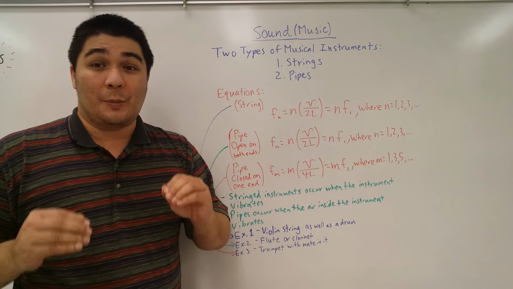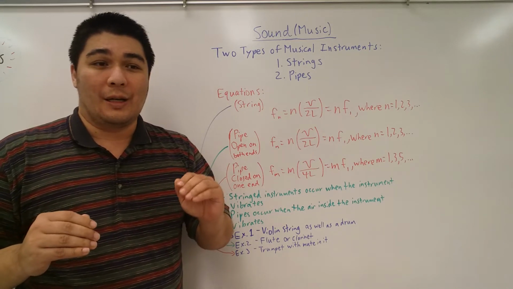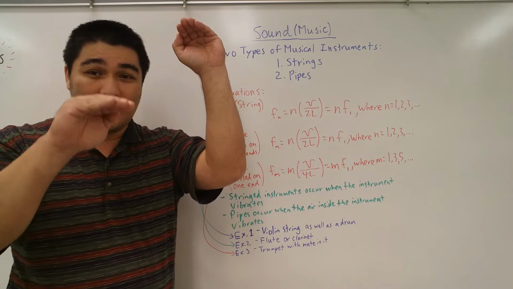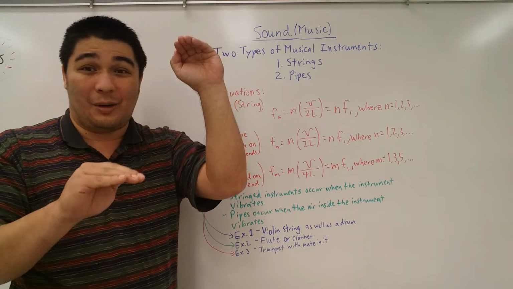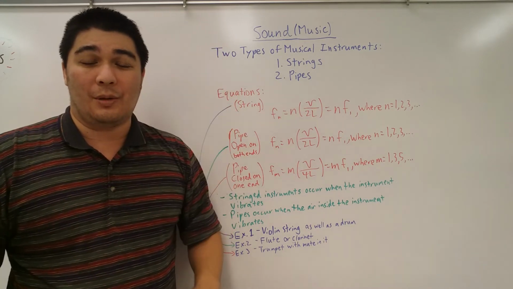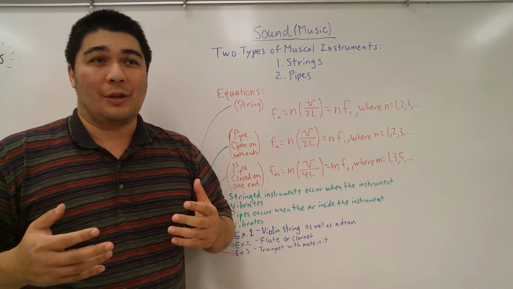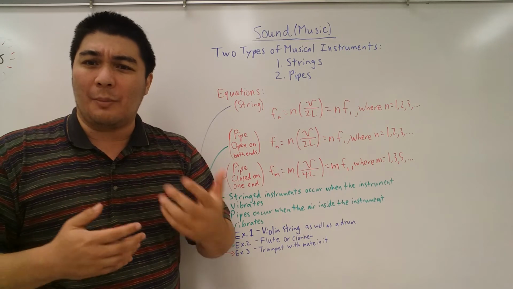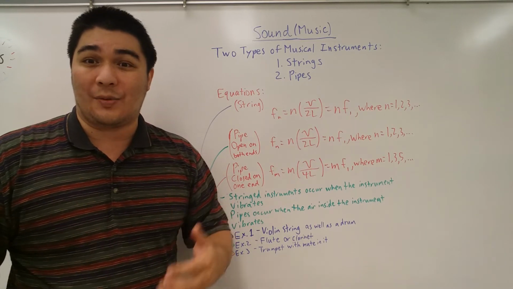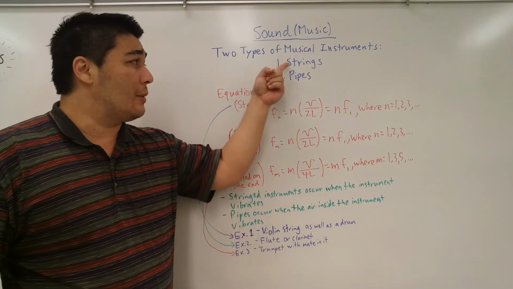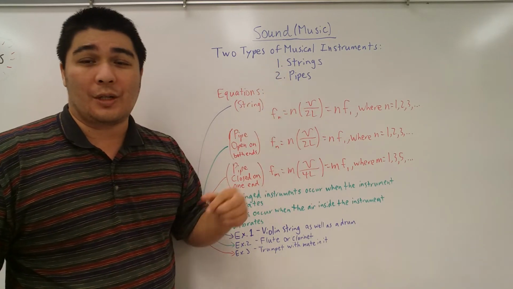Especially when the full orchestra is together, the brass instruments will get sharper, the stringed instruments will get flatter, and it'll create not chaos, but more like there won't be any harmony between the sets of instruments. That's the main difference between strings and pipes.